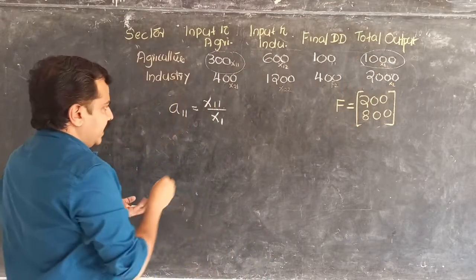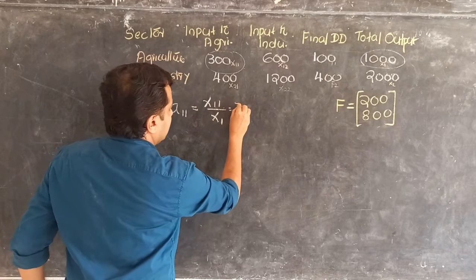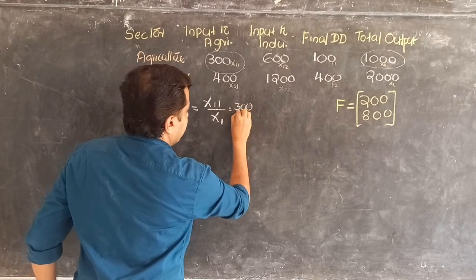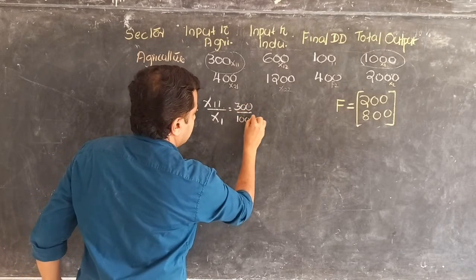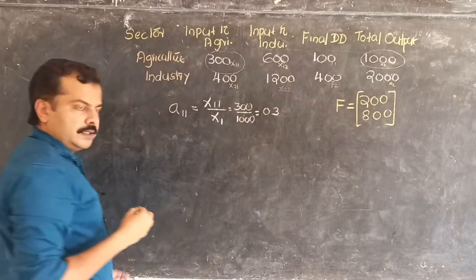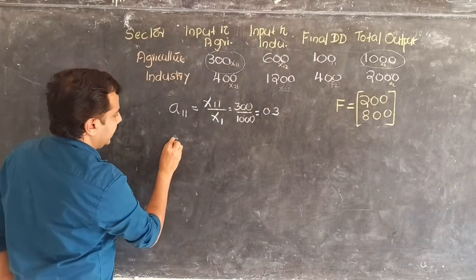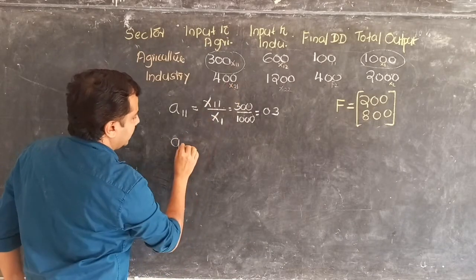First we need to calculate the value of A11. A11 is nothing but x11 by x1, which is 300 by 1000, so the value will be 0.3. Similarly, I can calculate A21.